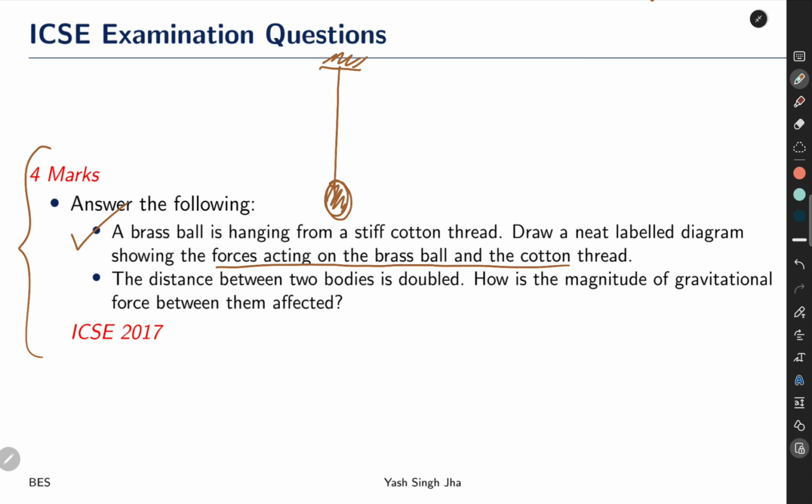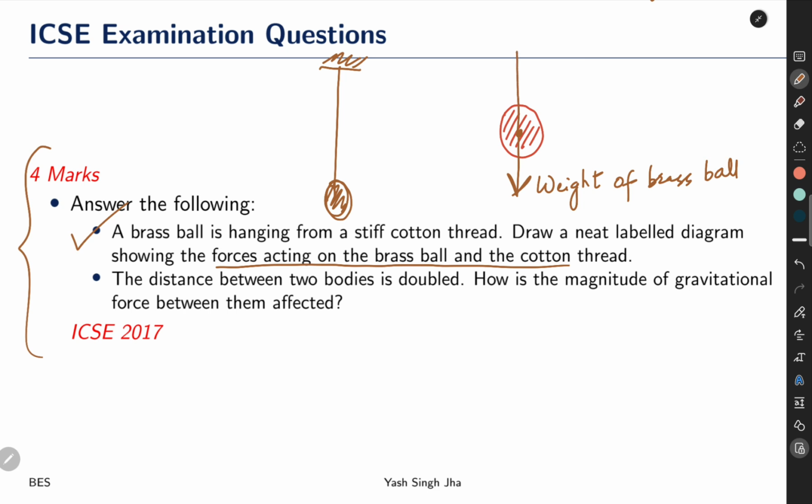So what are the forces on the brass ball? Yeah, so this is the brass ball. The forces are, number one, its own weight, the weight of the brass ball.